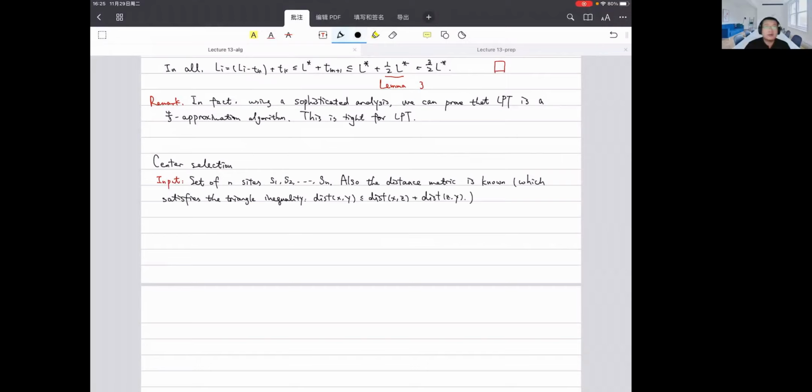This is called the triangle inequality. Also, the distance from a point to itself is 0. And it is undirected, so the distance between x and y equals the distance between y and x.